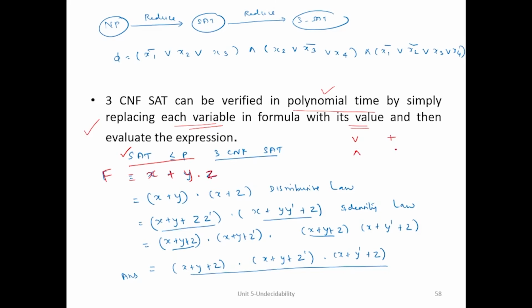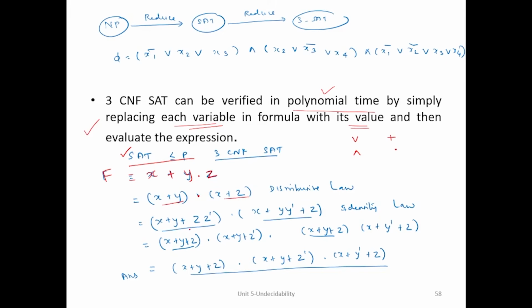If you consider this notation, I am substituting the properties. With the help of the distributive property, I can rewrite that expression as (x plus y) dot (x plus z), because dot is considered as the AND operation. This is a 2 CNF.